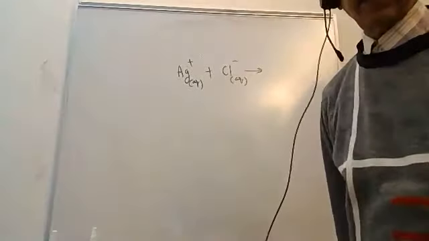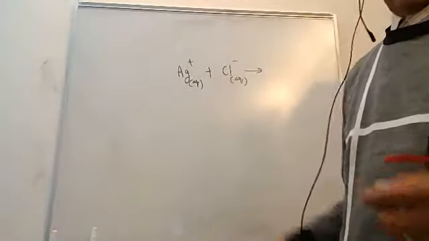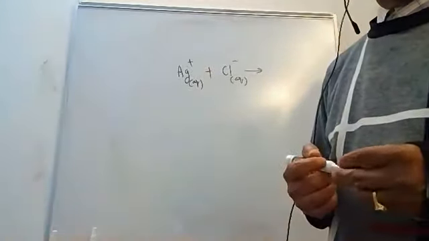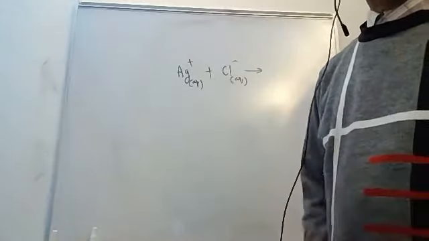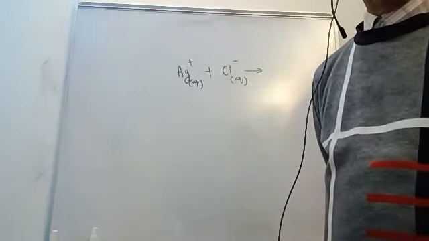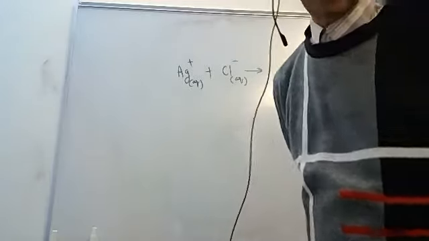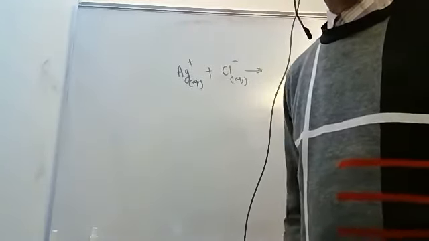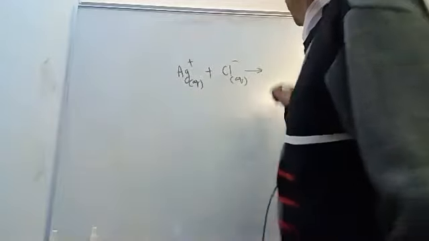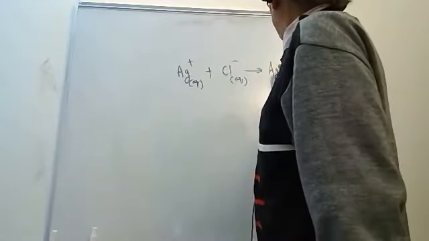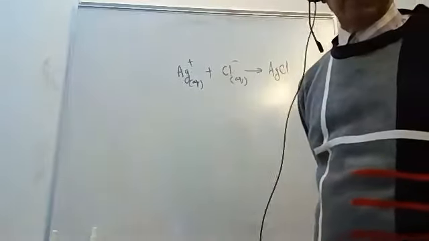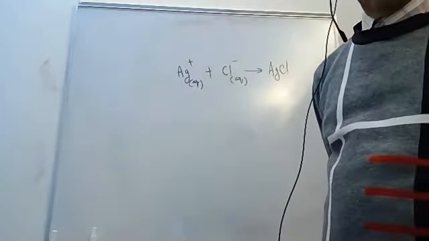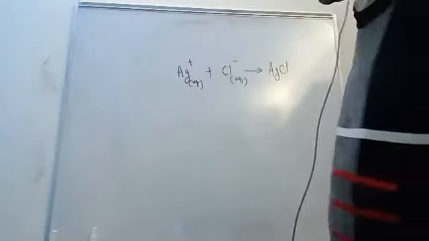If I add silver nitrate to sodium chloride, what do you get? Yes, Fatima? You just get AgCl, right? You are absolutely correct. Is AgCl soluble or insoluble? I think it's insoluble. You are absolutely correct again.